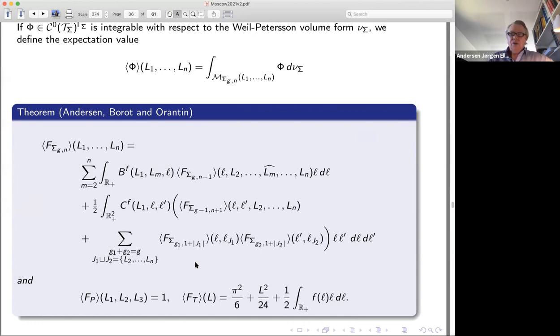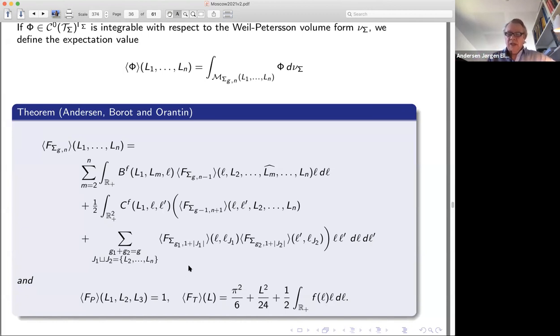If you have continuous functions given by geometric recursion on Teichmuller spaces, and they are such that you can make sense of their averages, then the averages will satisfy a recursion similar to this one here. That is really a manifestation of saying, when you have functions given by geometric recursion, their averages will be given by topological recursion.